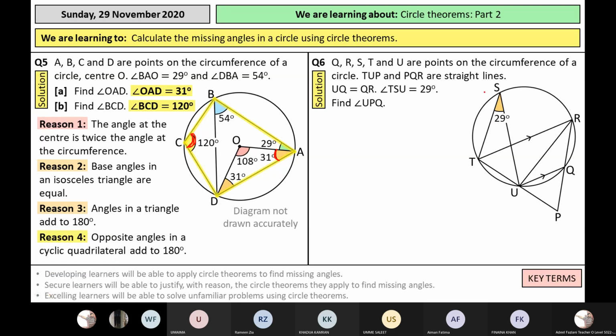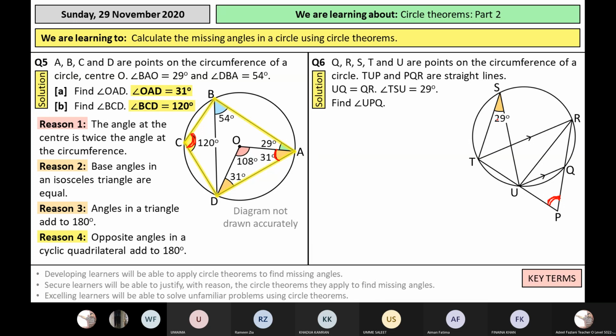Question number 6: you need to find UPQ. This angle you need to find, right? How do you find this angle? Since TSU is given as 29. Got it?